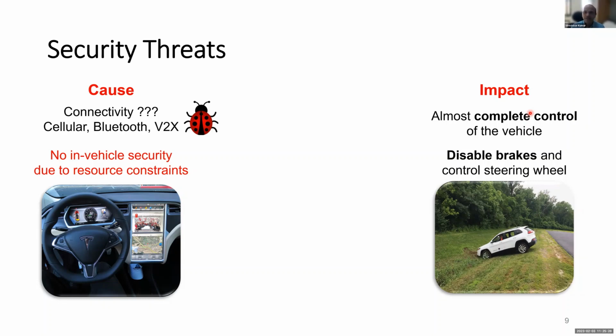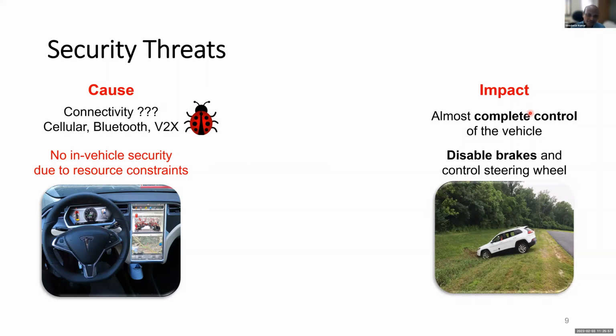When this CAN bus was designed in the 1980s or so, there was no concept of a connected vehicle. And therefore, the designers never thought that we would need any security for the messages communicated over this CAN bus.